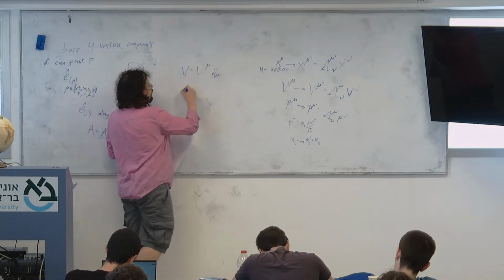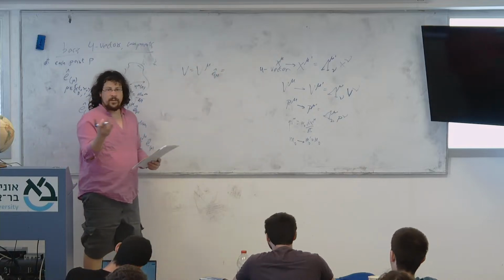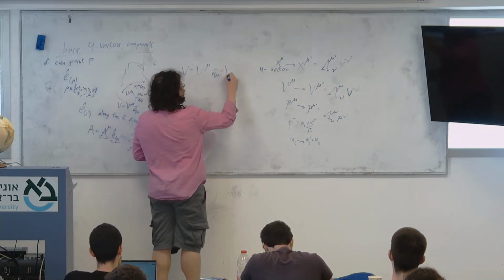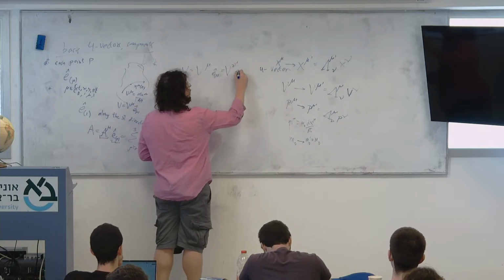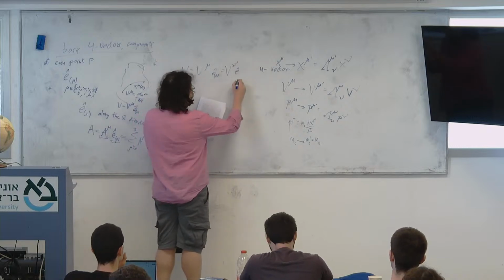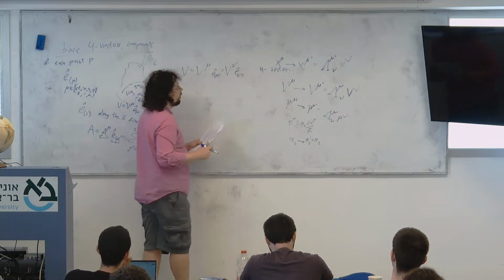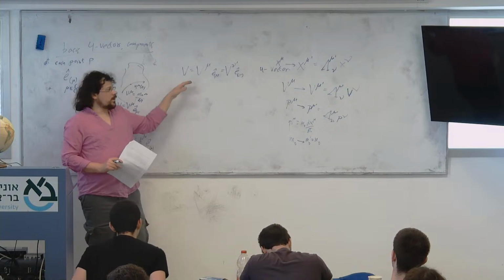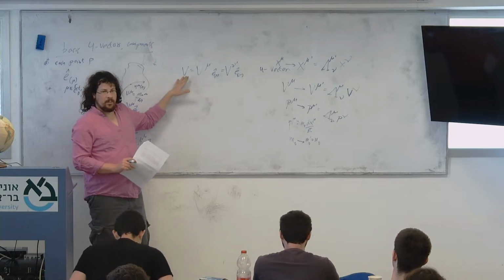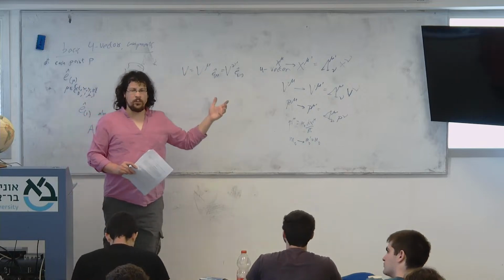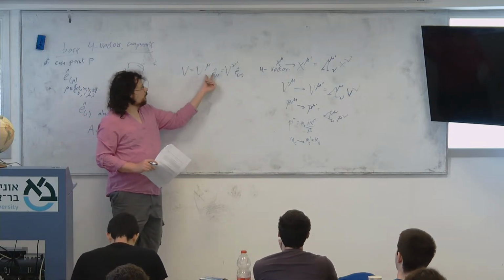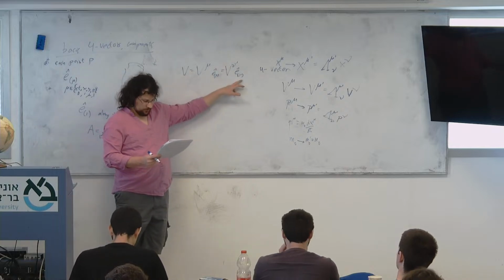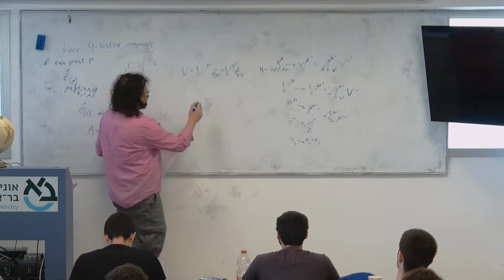If I want to change to a different observing frame, I want to do a Lorentz transformation, then this will be equal to v mu prime e mu prime. It's the same vector, the same arrow. I'm just looking at this object, this v, before and after the transformation, or for two different reference frames. I know how this transforms. That will necessarily tell me how this transforms.